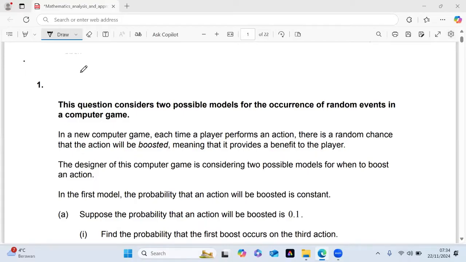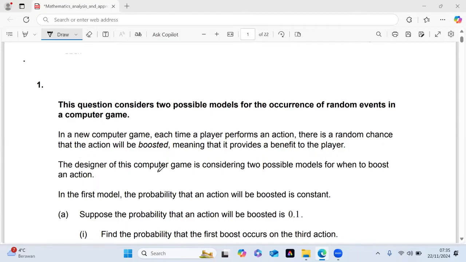Number one, this question considers two possible models for the occurrence of random events in a computer game. In a new computer game, each time a player performs an action, there is a random chance that the action will be boosted, meaning that it provides a benefit to the player.